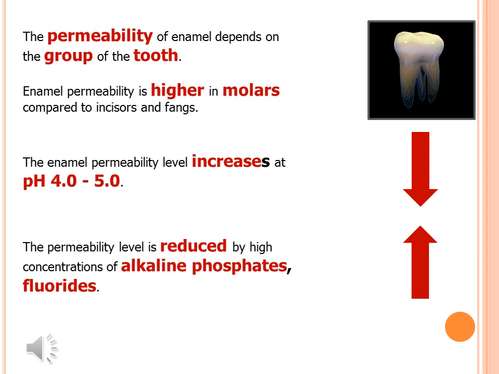The level of permeability of the enamel increases at pH 4 to 5, and with treatment of the enamel with acids. Application of chymotrypsin, high concentrations of alkaline phosphatases, and fluorides reduces the level of permeability.